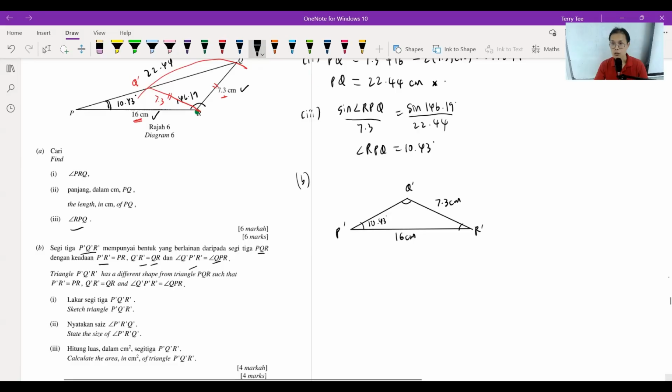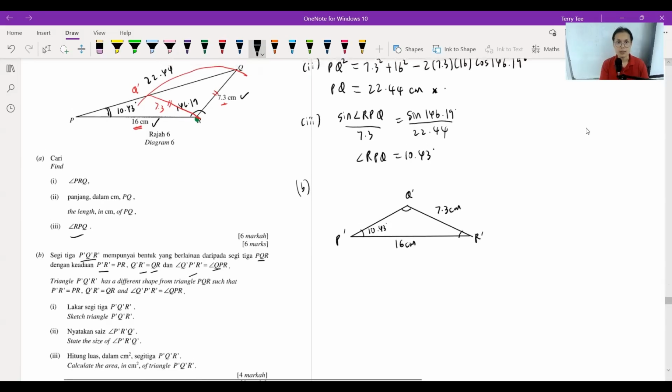Now go back to the earlier triangle, the one without prime. Now let me rub this off. You notice we need to find this angle first. So we go back to the first triangle. This is B Roman 1. We are supposed to state the size of angle PR'Q', this angle, before we calculate the area, right?